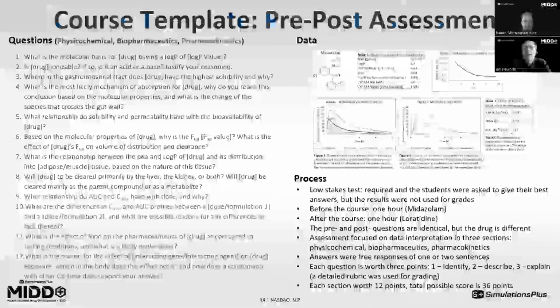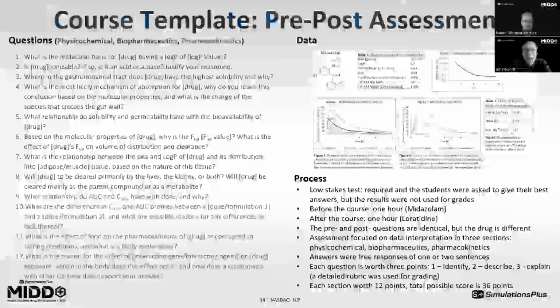There's a pH solubility curve in the top right. There's a couple of plasma concentration time curves based on different doses and different formulations, and a little bit of pharmacokinetic information. So the students were provided with that data sheet.